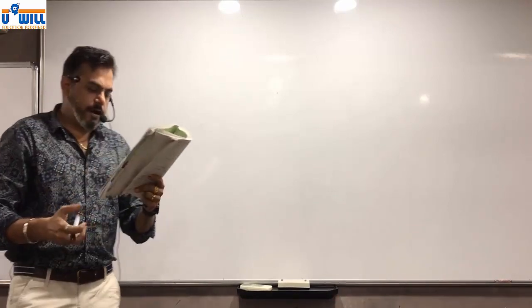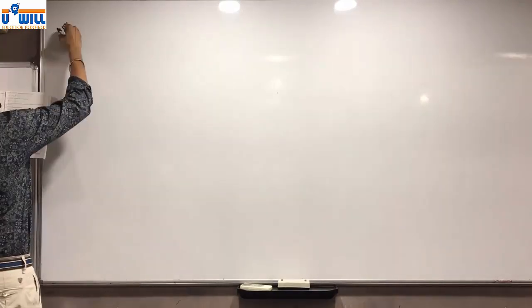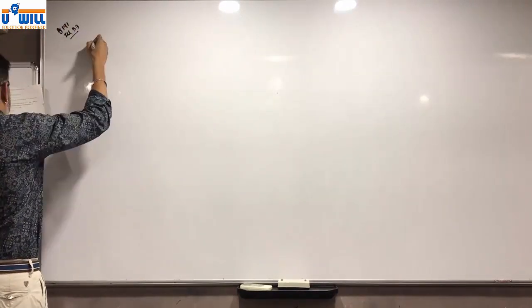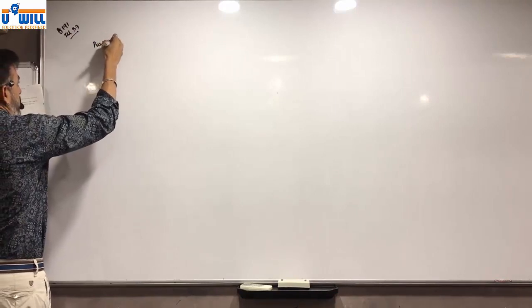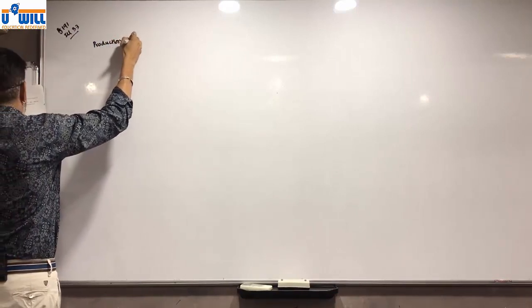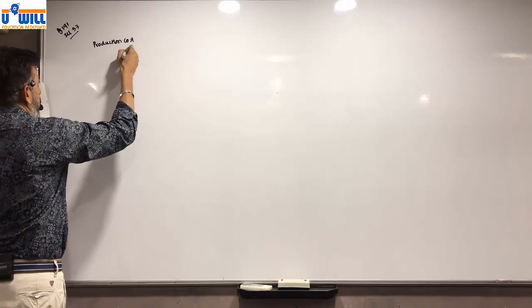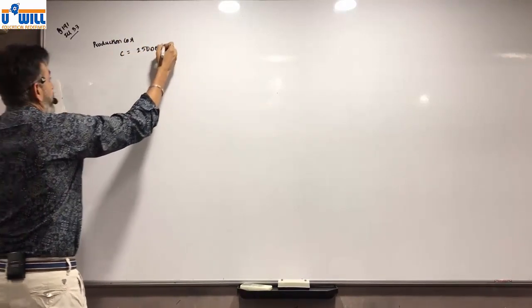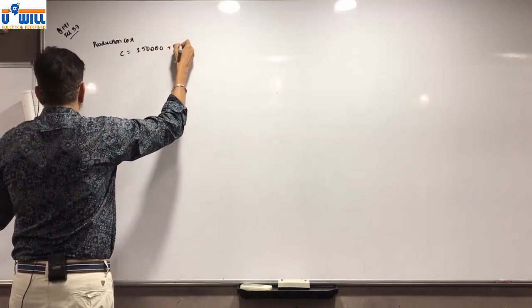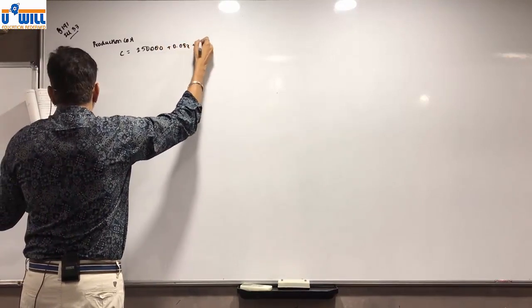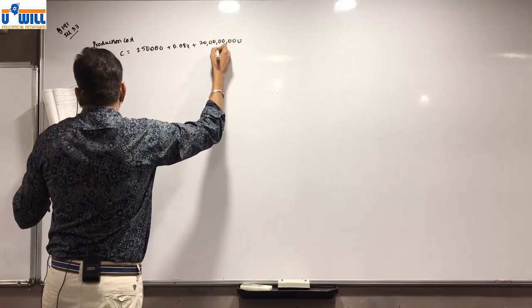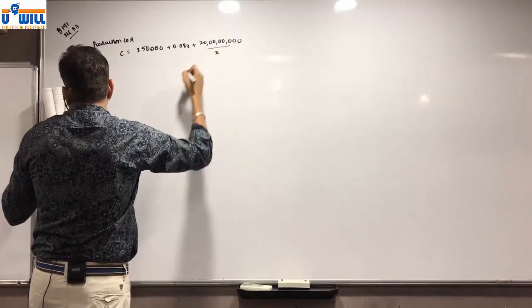Now, let's start. Write down illustration number 33. Production cost C is equal to 2,50,000 plus 0.08x plus 20 crore divided by X.